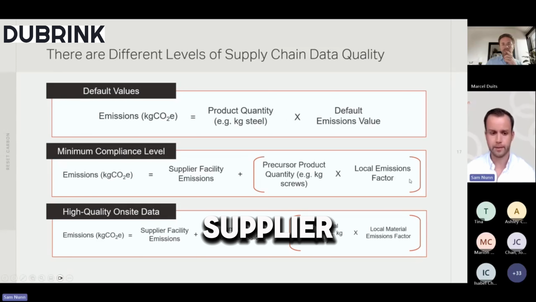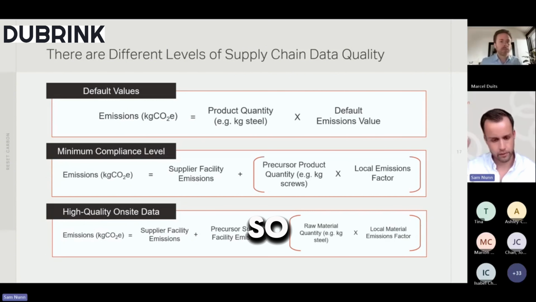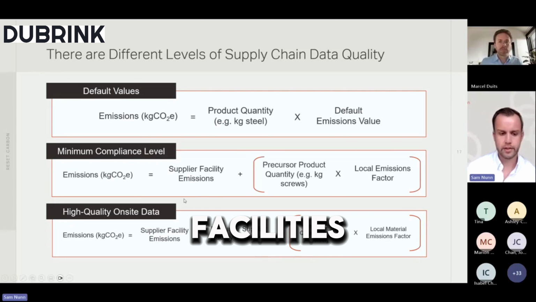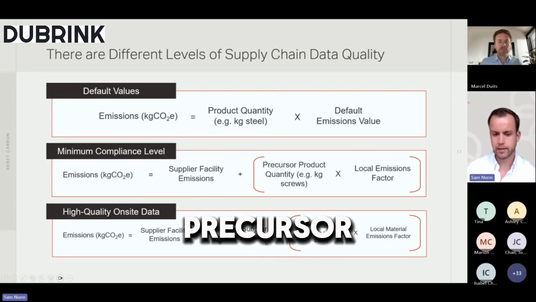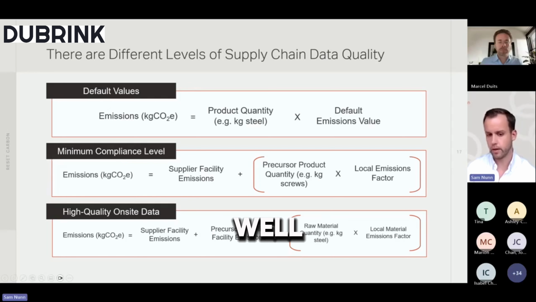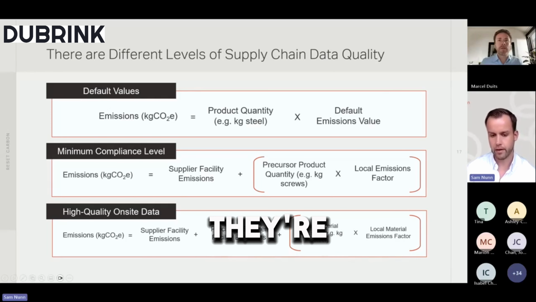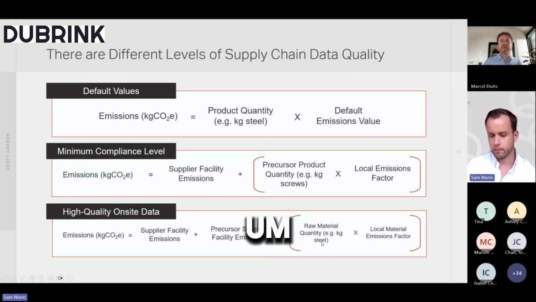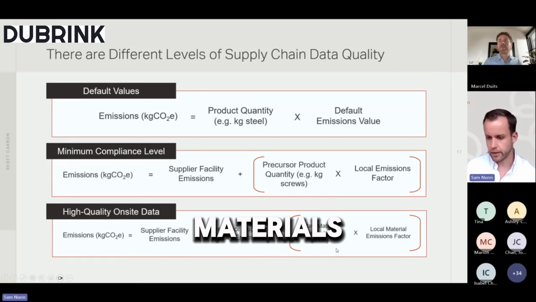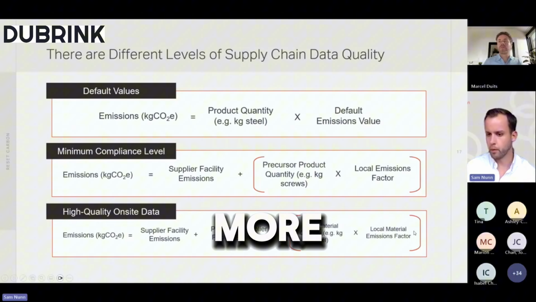What we recommend is to go deeper than that and really get very high quality data that we call on-site data. So this is really understanding not only the data from your suppliers' facilities, but really going and understanding the precursor suppliers' facility emissions as well, right? So if you've got a steel plant, really looking at their facility and understanding actually how they're using energy within their facility, and again using emissions factors for the materials that are more localized, right?